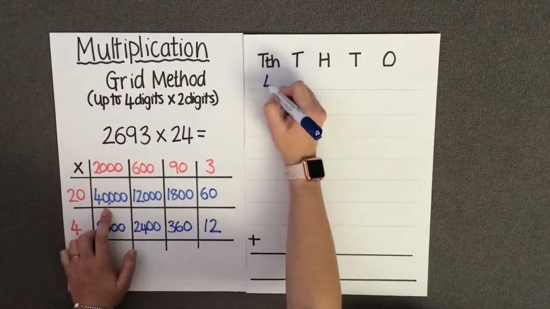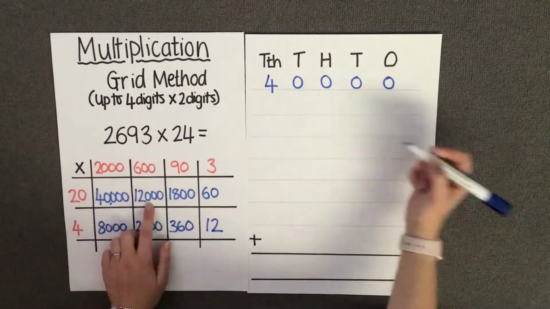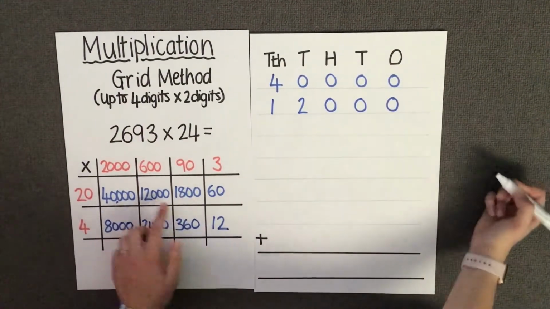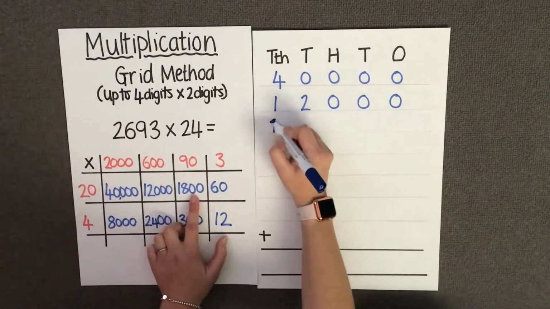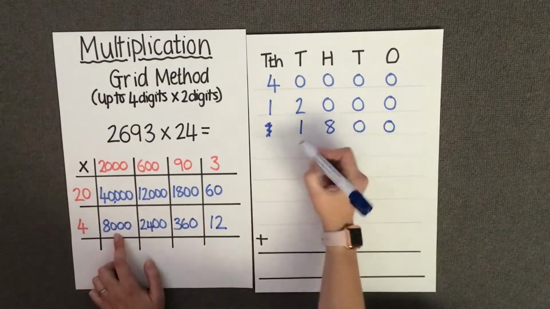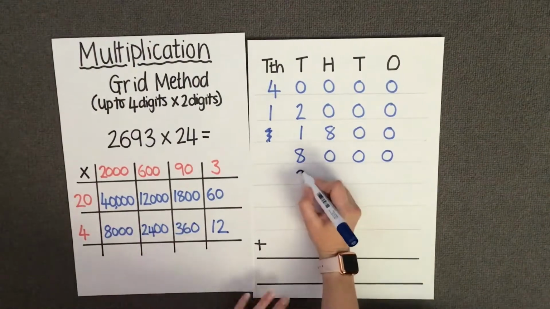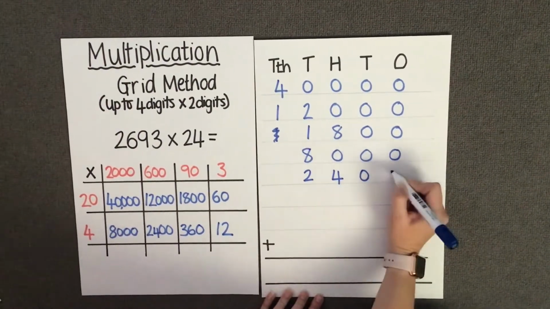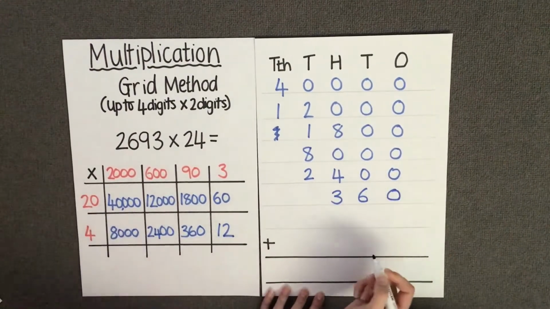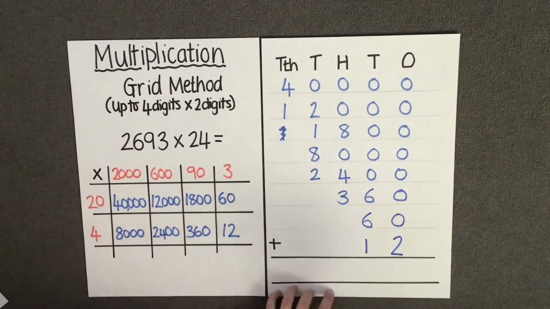So I know I have 40,000, I have 12,000, I have 1,800, whoops, I have 8,000, I have 2,400, I have 360, I have 60, and I have 12.